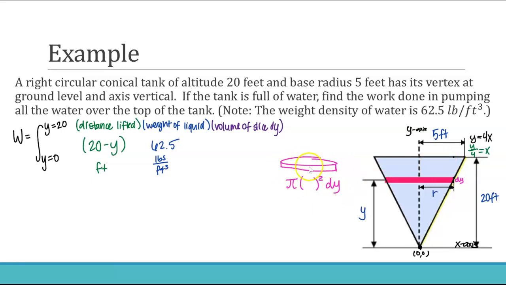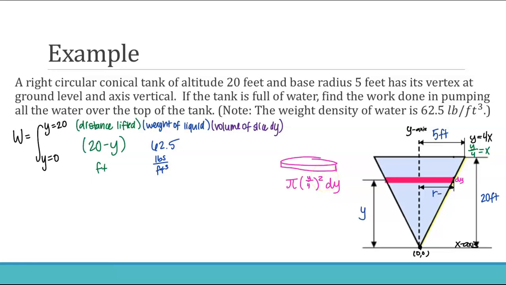Again, when I think about the volume of the slice, it was a little cylinder. The area of a cylinder's base is pi times the radius squared. The radius was not constant. The radius is varying. So I need to replace that with y over 4, technically minus 0, right minus left, squared dy.